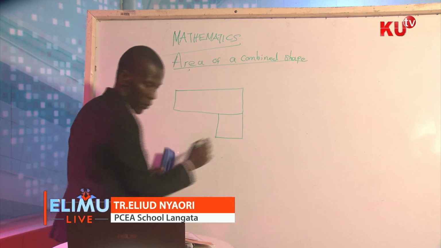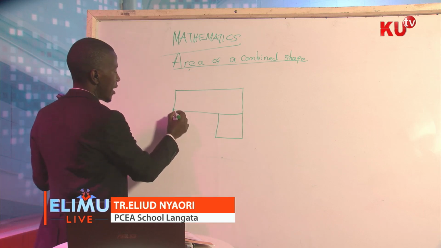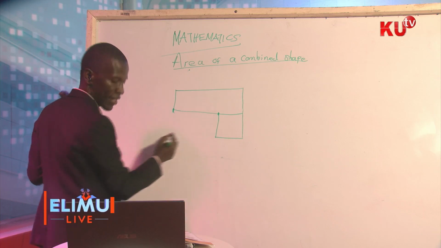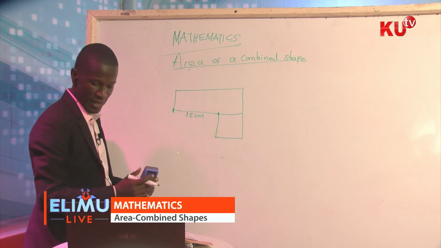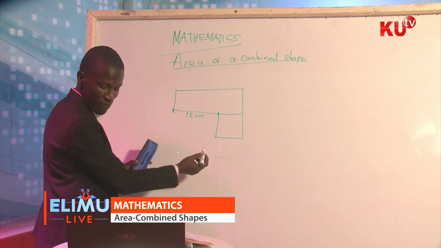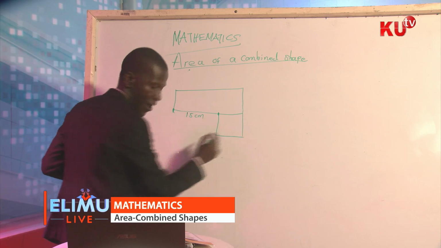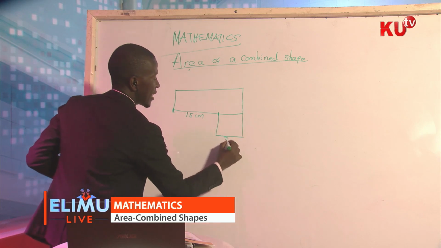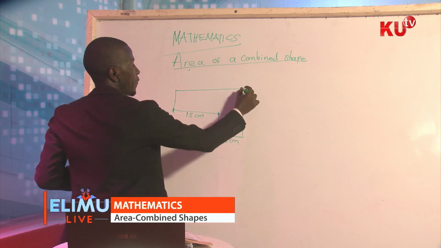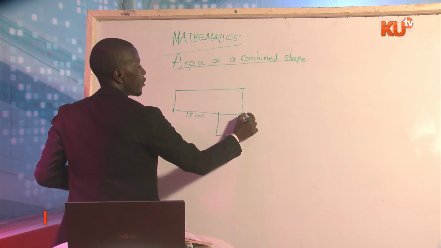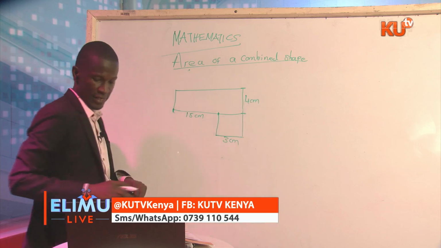From here to here is 15 centimeters. Then the length of the square is 3 centimeters. Then from this point to this point is 4 centimeters.